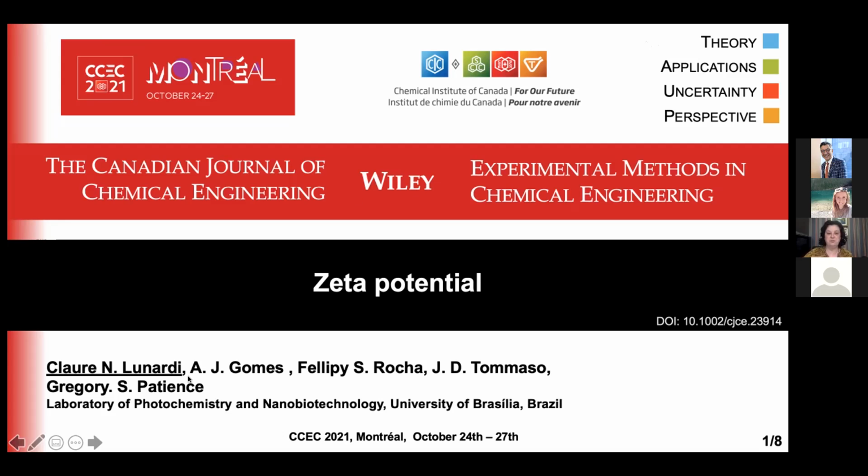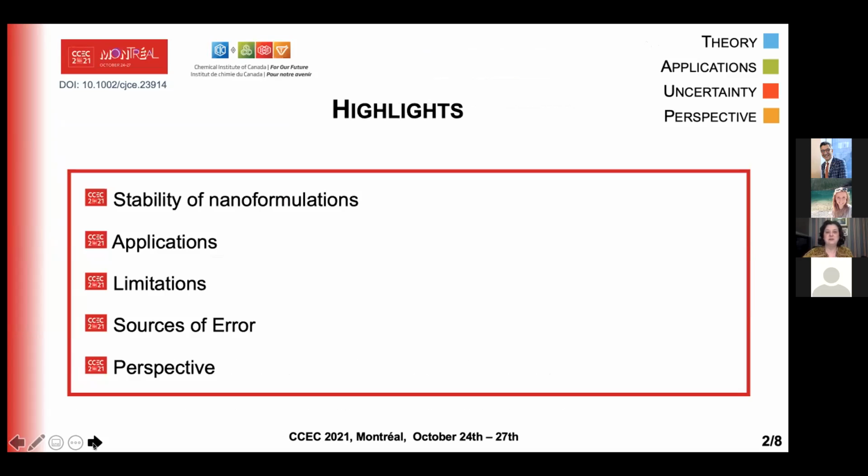Okay, hope it works. So the highlights of this presentation are the same as the ones we used in the published paper. Zeta potential is a very good technique for the stability of nanoformulations.